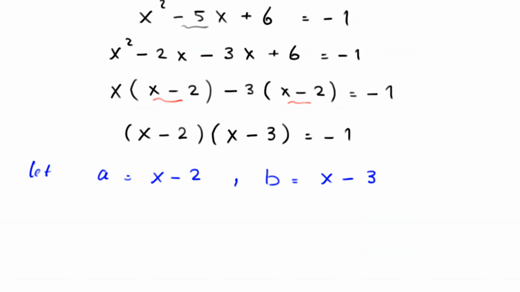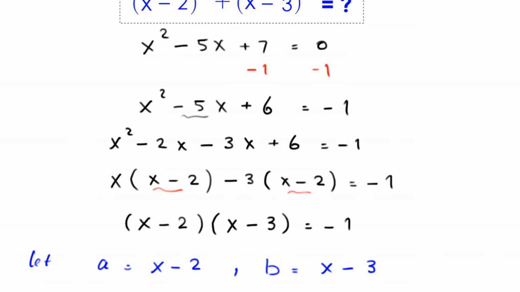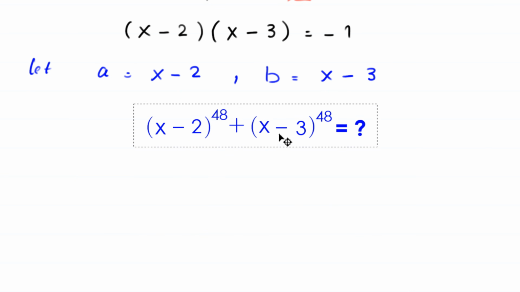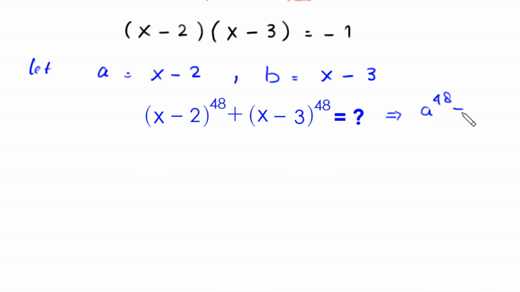Since we have to find the value of (x minus 2) whole to the power 48 plus (x minus 3) whole to the power 48, this means that now we have to find the value of a to the power 48 plus b to the power 48.